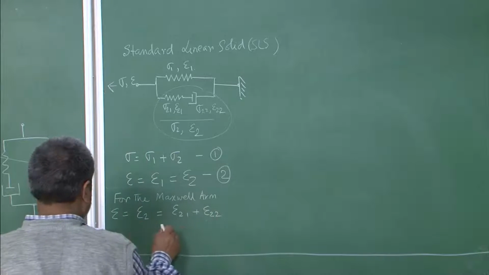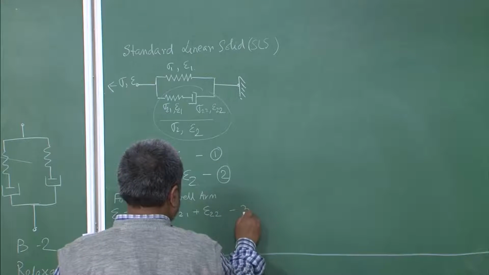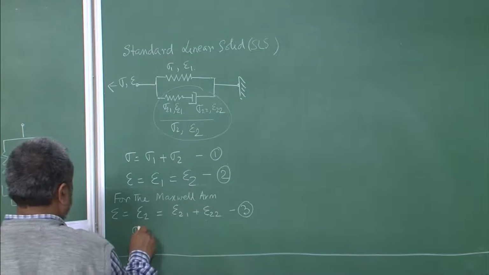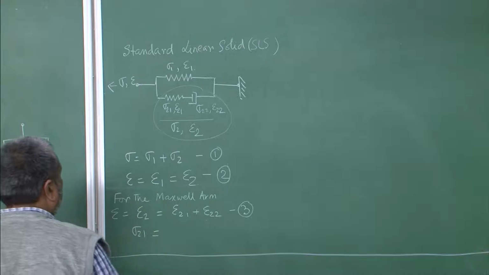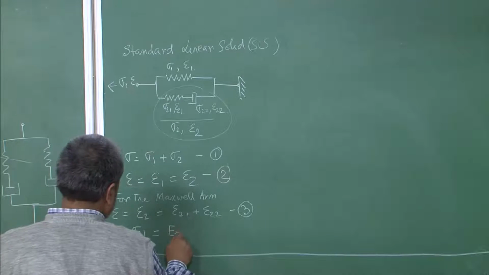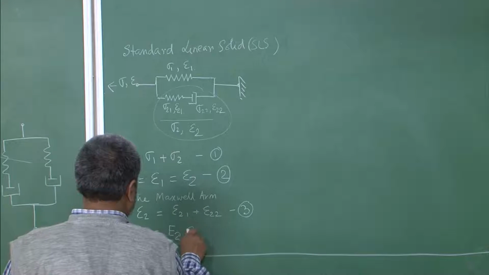And let us put this as equation 3. We also can say that sigma 2 1 in this part, it is like a spring. So, it is E 2 epsilon 2 1.